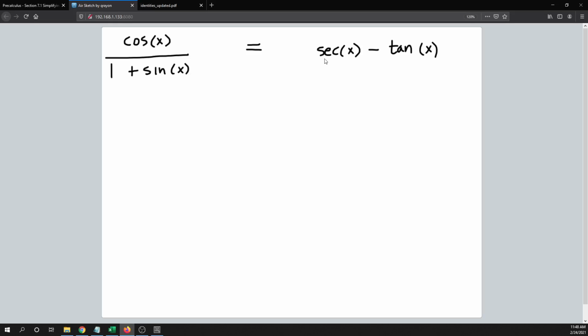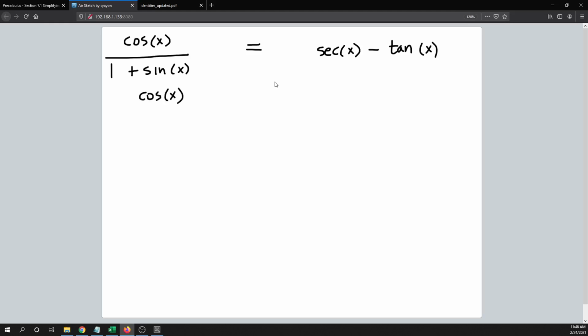You could start on this side by changing to sines and cosines if you wanted to, but somewhere along the line in this particular problem, what we'll have to do is sort of a tricky thing that we haven't really given an example of yet.